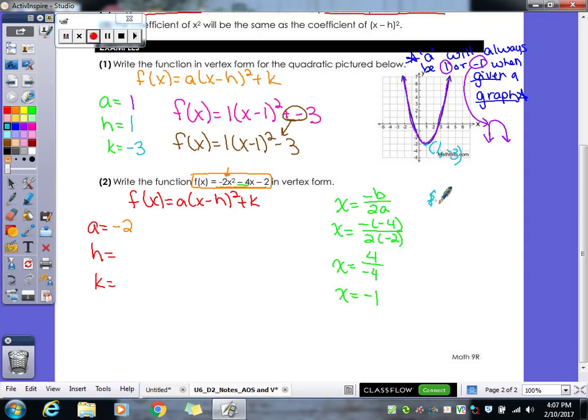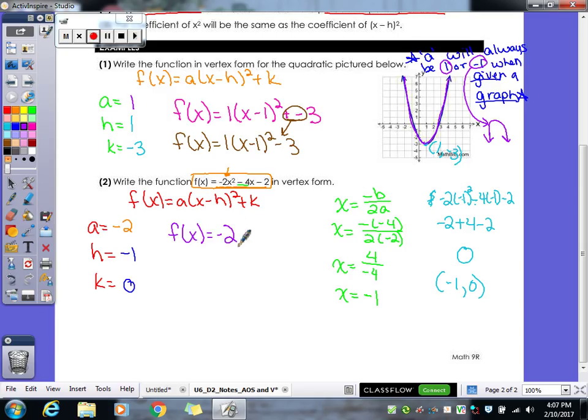So now I just need to plug in my negative 1. So negative 1 squared is 1, times negative 2 is negative 2. Negative 4 times negative 1 is positive 4, minus 2. So negative 2 plus 4 is 2, minus 2 gives us a 0. So our vertex would be negative 1, 0. So that means my h is negative 1, my k is a 0.